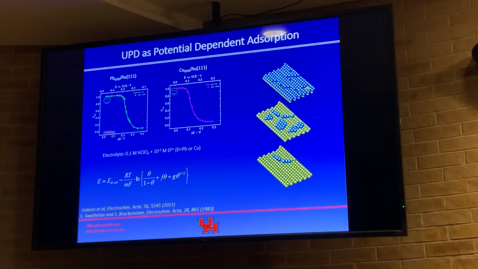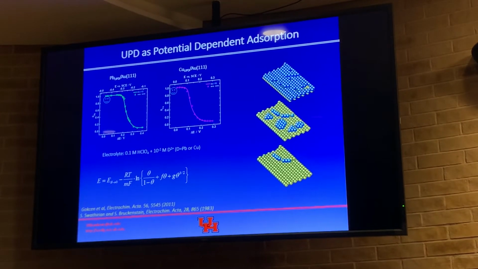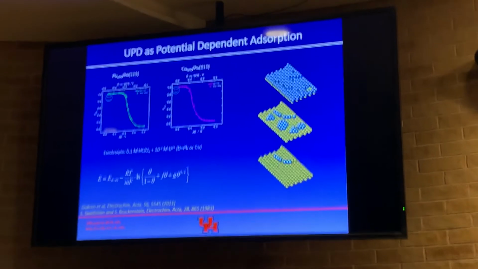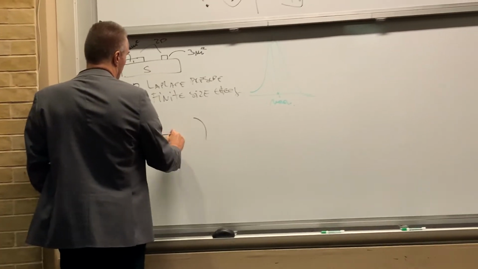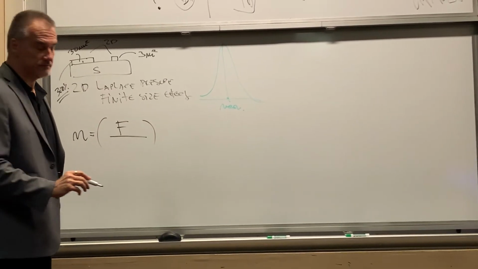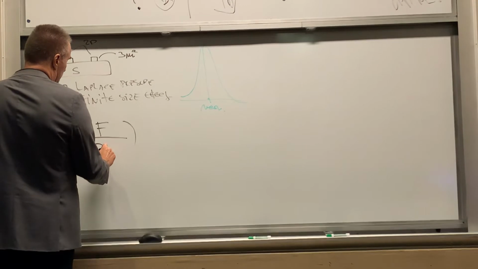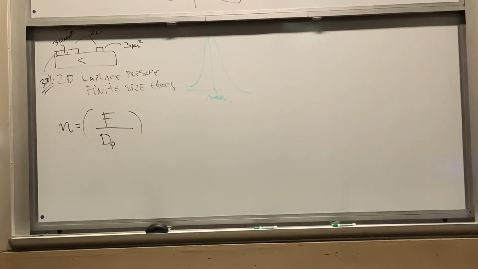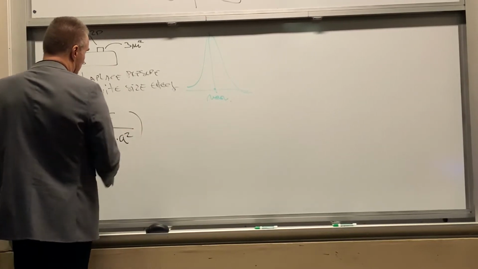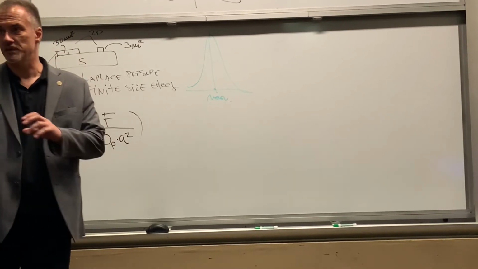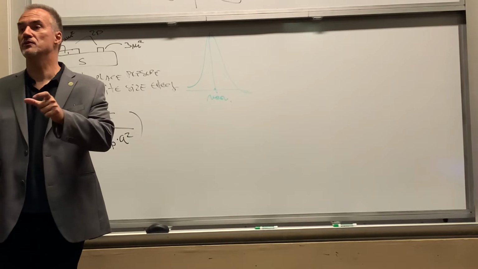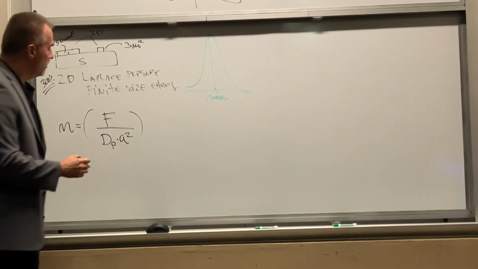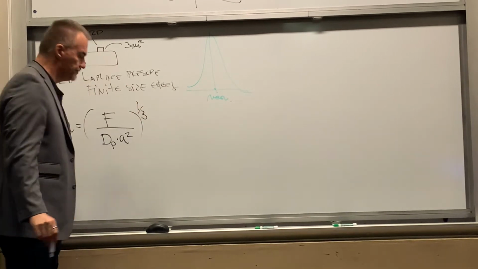If you remember, some time ago I talked to you about nucleation kinetics. And I said that nucleation density, which is the number of nuclei per unit area, N, is equal to F, which is the flux, over D_p, let's say, the surface diffusivity of the particular species on the surface, a squared, where a is the interatomic spacing on the surface, or the distance for a diffusion hop, all this to the power 1 over 3.